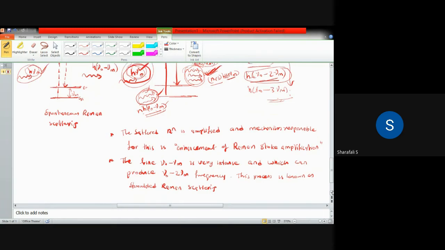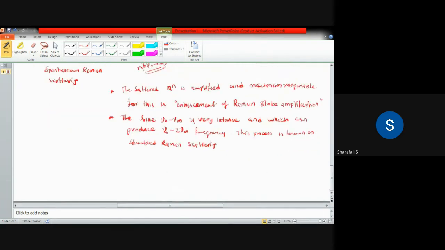So this further can be seen like this. Suppose you are having this excited level, and this is your ground state.